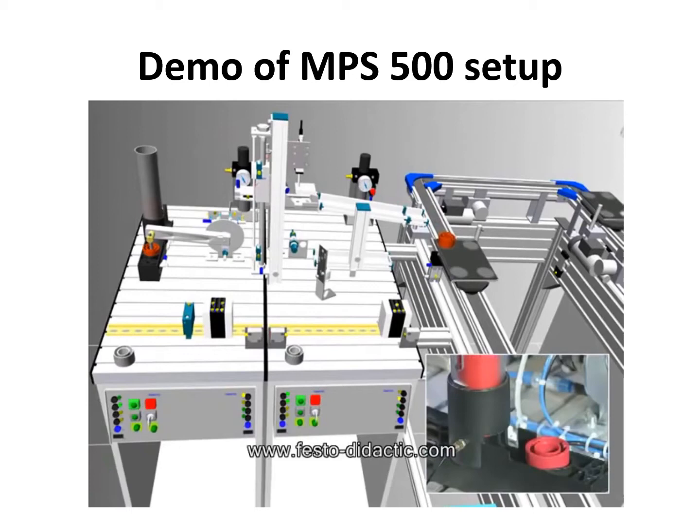We have also the vacuum. We have pneumatic vacuum here. And we have lots of sensors. Yes, we have limit switches. Here we have inductive sensors, okay, and other sensors that we will discuss in coming slides.